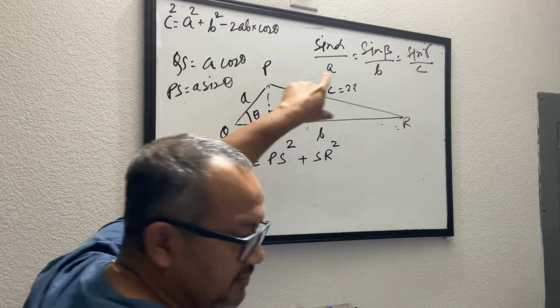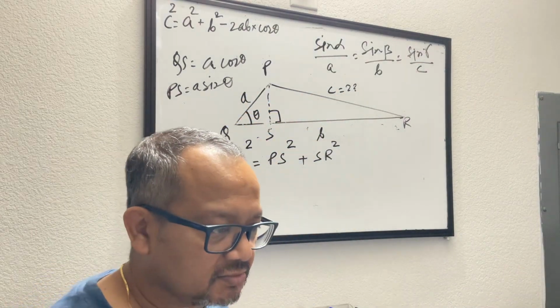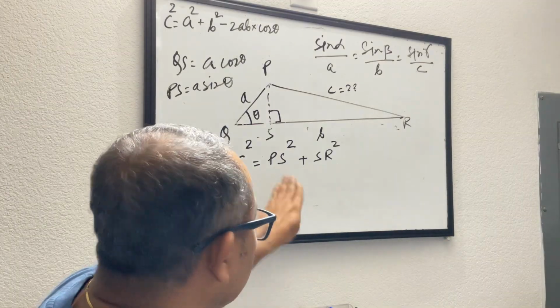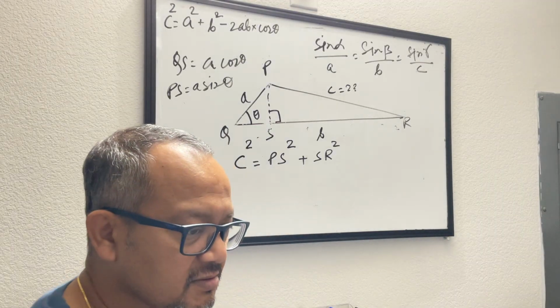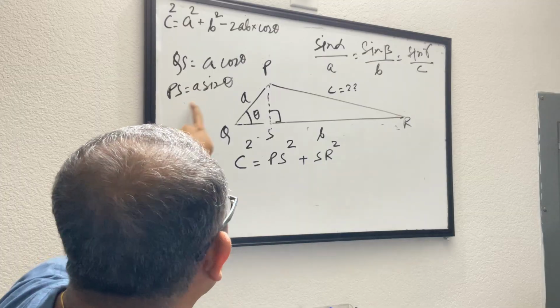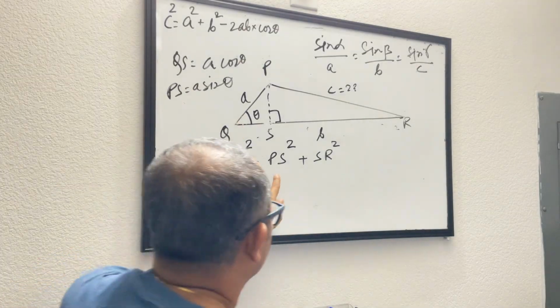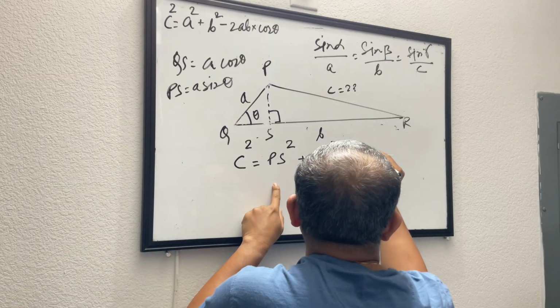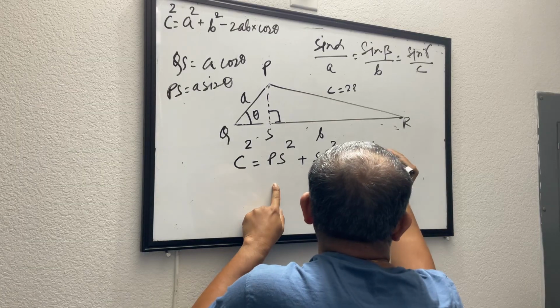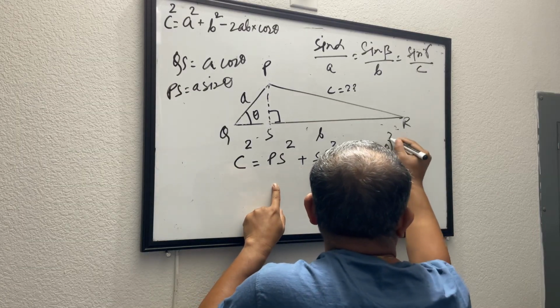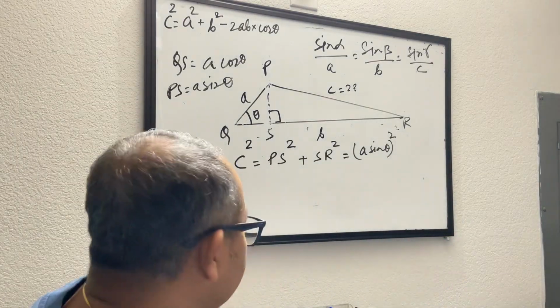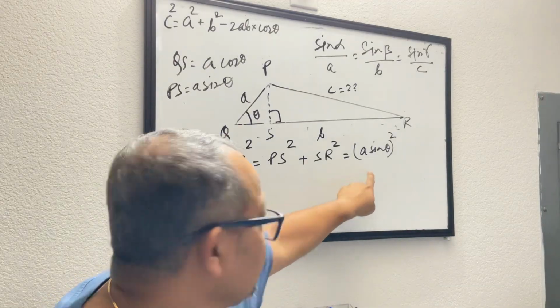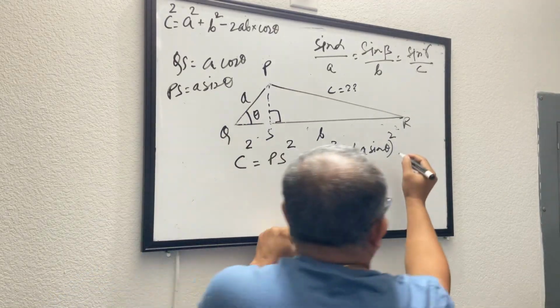Is there any doubt so far? No? Do we know the value of PS? PS here is A sine theta. So PS square I am putting as (A sine theta) square. Yep, this is PS square. Now SR square.